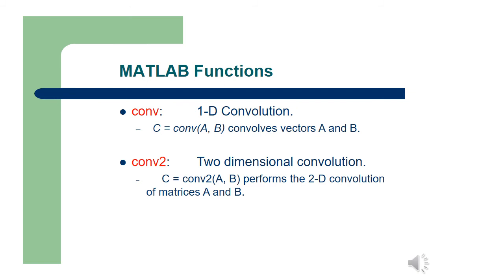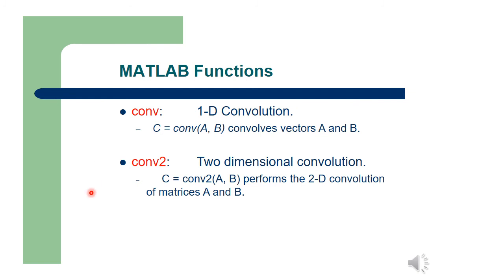Here we are going to discuss some MATLAB functions which are very useful when you are practically doing examples in digital image processing. The function conv is 1D convolution, so conv(a, b) convolves vectors a and b.